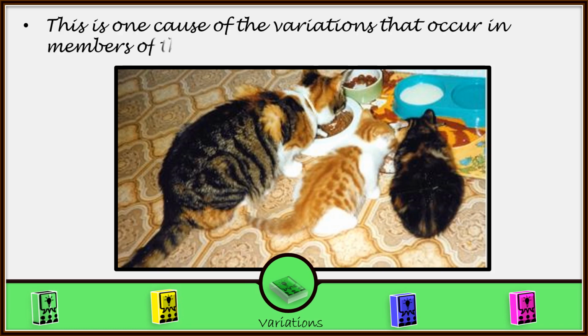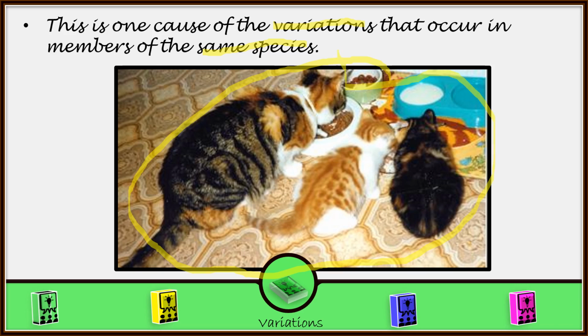This is one cause of variations that occur in members of the same species. That meiosis, whereby there is a rearrangement of genes, is going to bring about variation in the members of the same species.